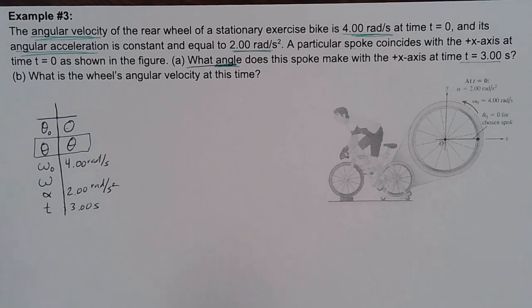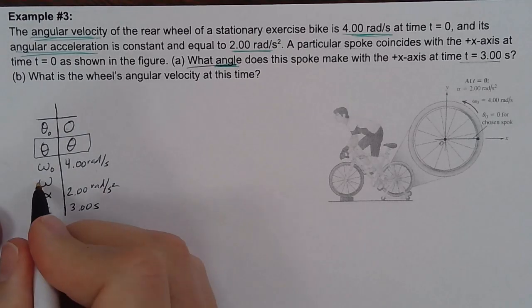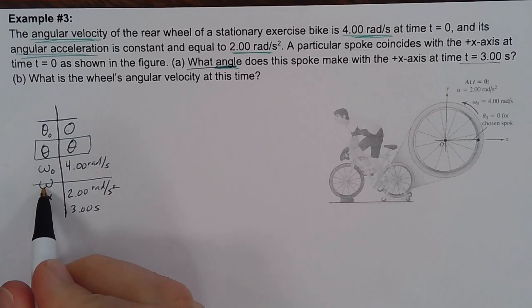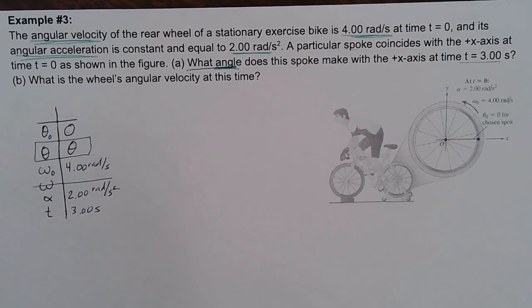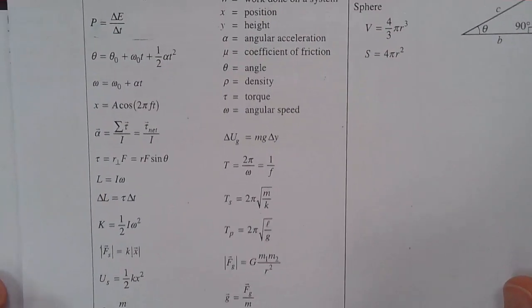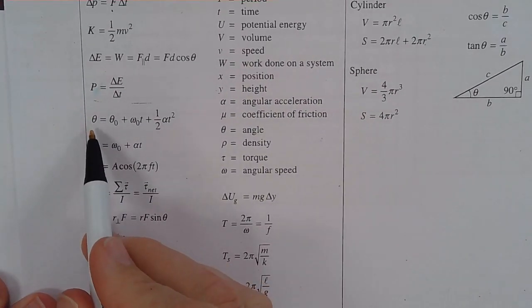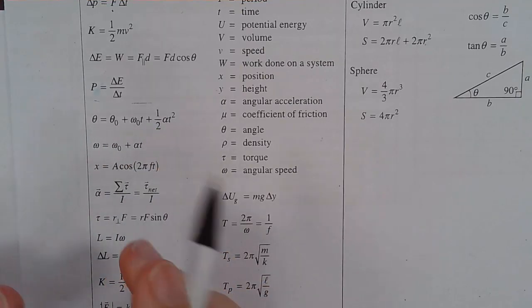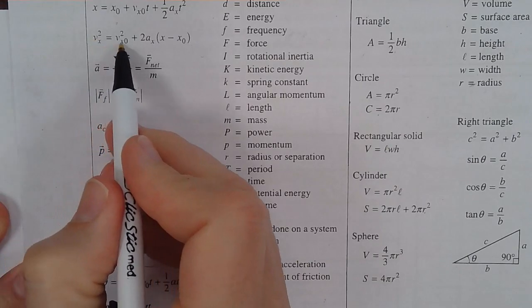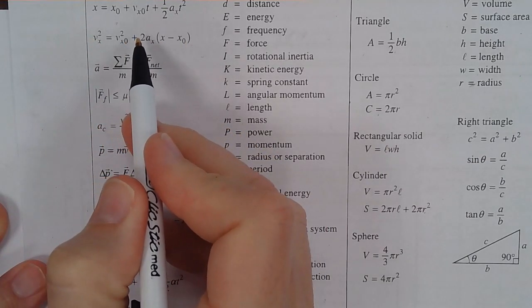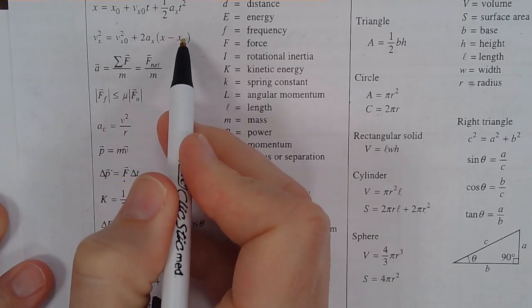You'll notice that just like back when we did kinematics, there's one variable that we don't have and that we don't care about. So therefore, make sure to pick the kinematics equation that doesn't have that in it. We need this, and we have all the other information. So when I look at my kinematics equations here, okay, I've got this one, and I've got this one. And remember that we actually have this guy right here as well, which would be omega squared equals omega initial squared plus 2 alpha times theta minus theta naught.